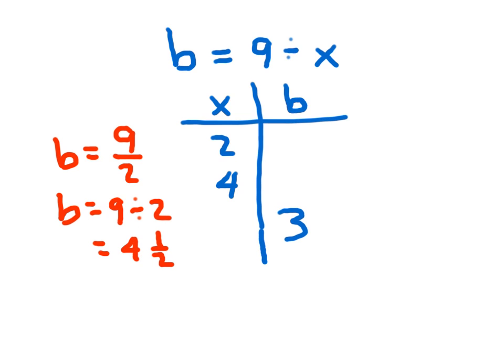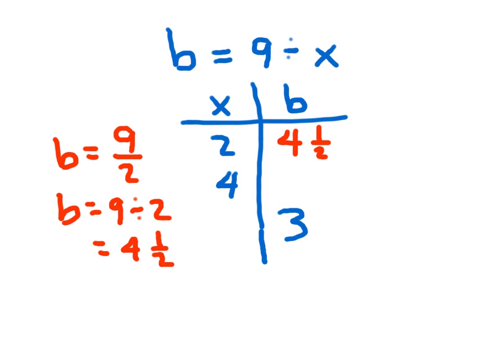4 wholes with that remainder of 1, and if we could divide that remainder of 1, we don't write a remainder in our function table again. See if you can think of that next one for yourself. You can show that work on your paper.